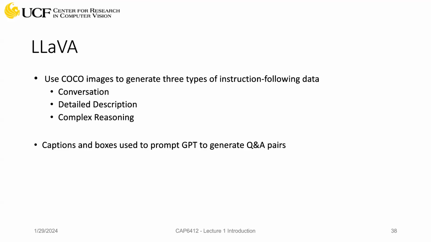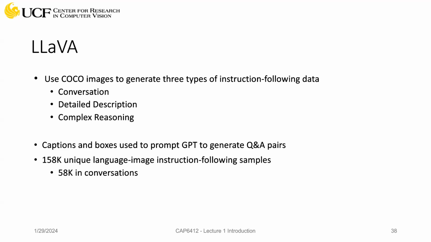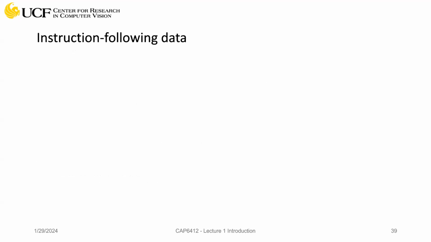So that's where you can use GPT to help you make another GPT. There were 158,000 unique language-image instruction-following samples: 58,000 were conversation, 23K detailed description, and 77K complex reasoning.